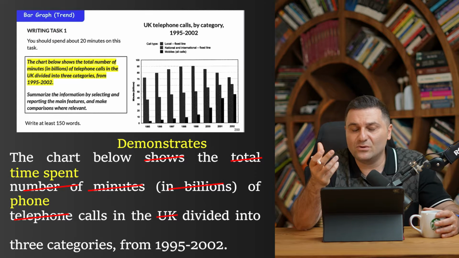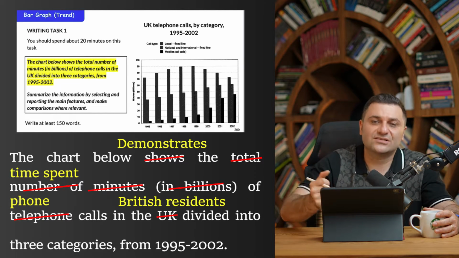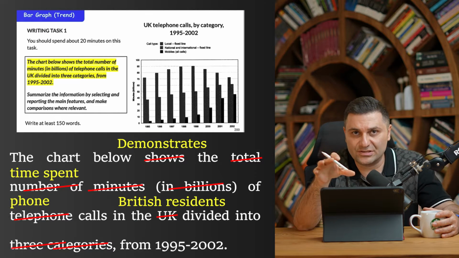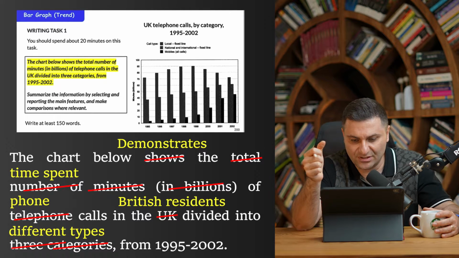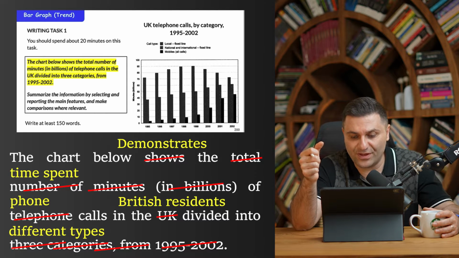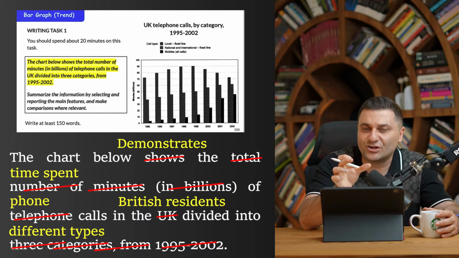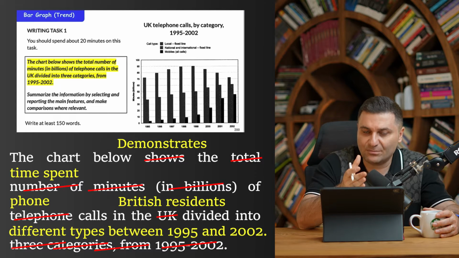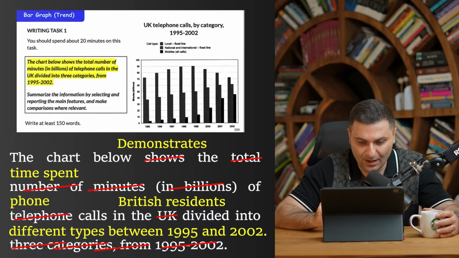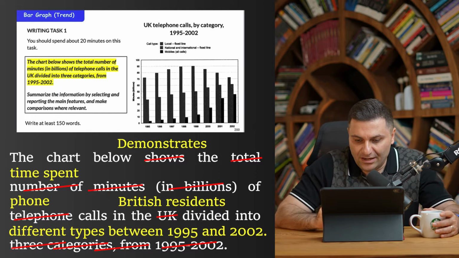Instead of UK, we can write British residents. Instead of 3 categories, we can write different types. And from 1995 to 2002, we can use the structure between, for example, between 1995 and 2002.